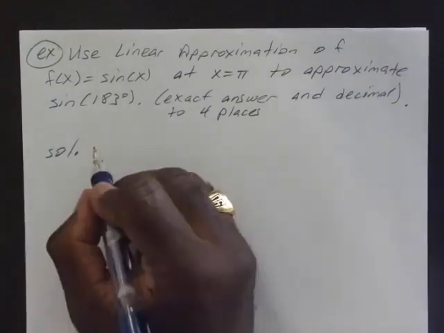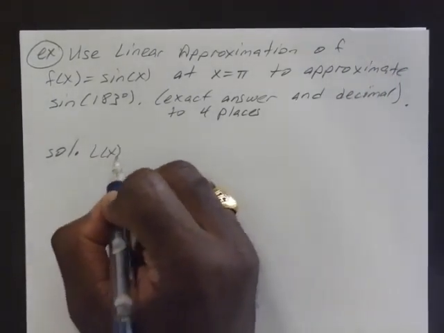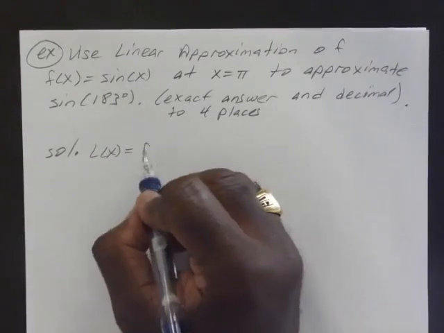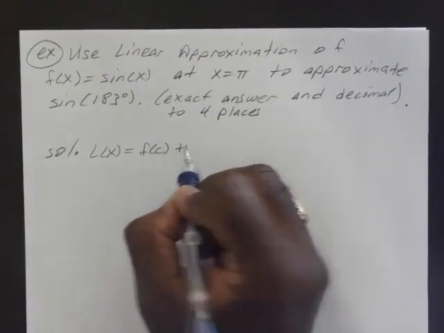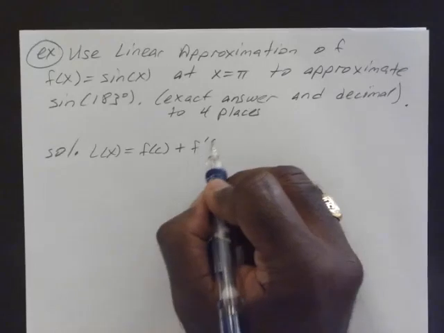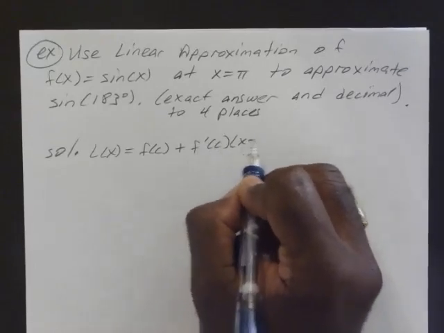Okay. So again, we know that our linear approximation formula is f of c plus f prime of c times x minus c.